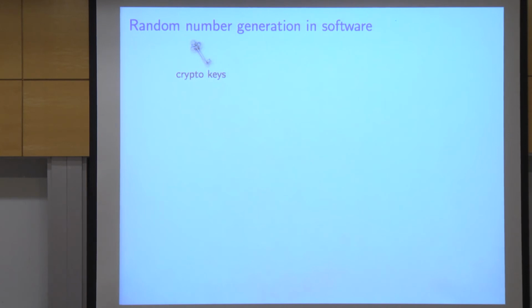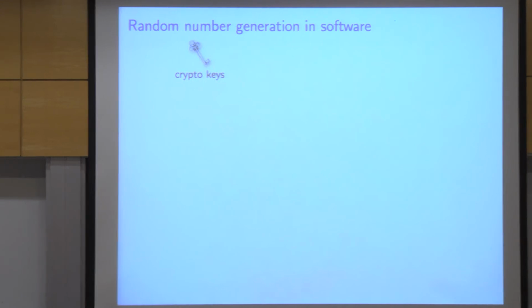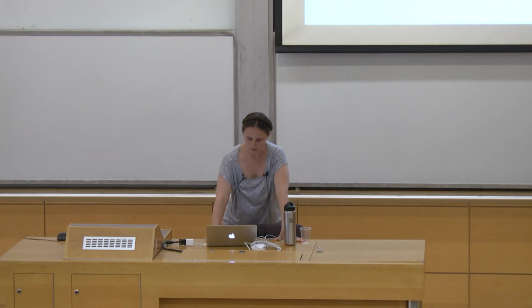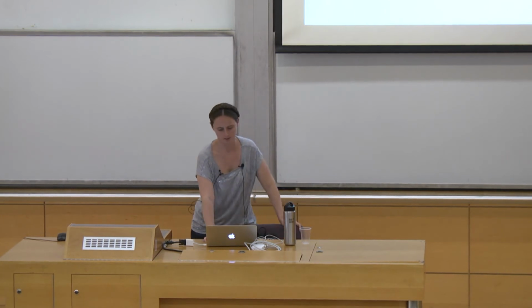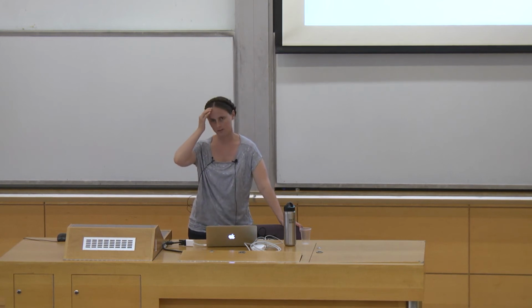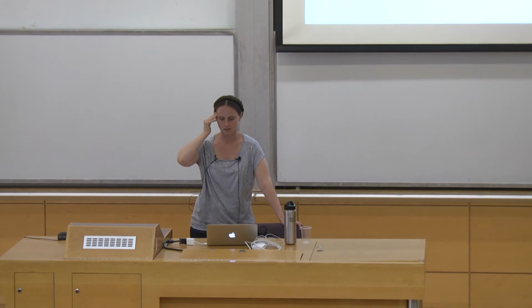So why are we seeing these things? The explanation lies in how these little devices are generating their crypto keys. If you're a little Wi-Fi router, how are you generating your crypto keys? Well, in order for the keys to be secure, they need to be random.